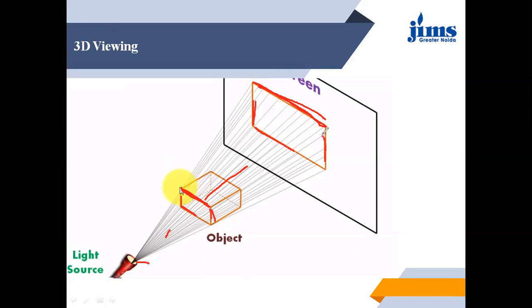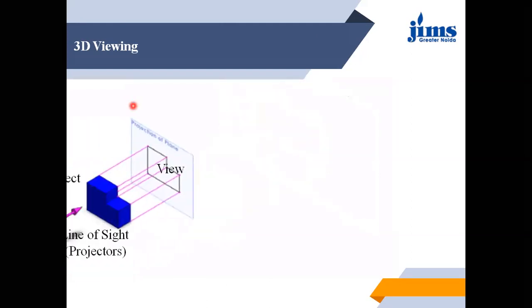So this is the way by which we can see 3D viewing on 2D space, that is on the view plane or on the screen. This is the basic concept behind 3D viewing on a 2D plane.